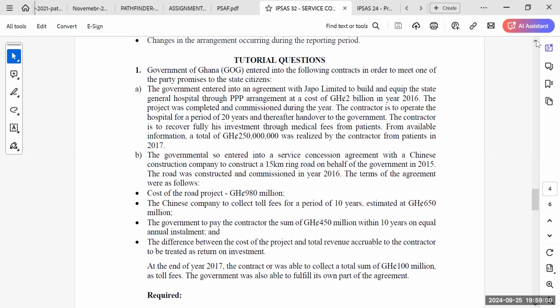So in this case, the government is going to control how the asset should be used, and the government also has a significant residual value in the project. So the government will recognize a service concession asset to the value of 2 billion.